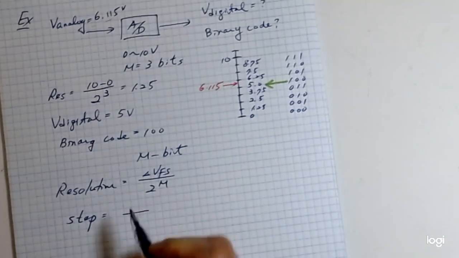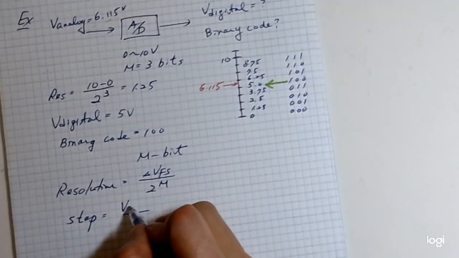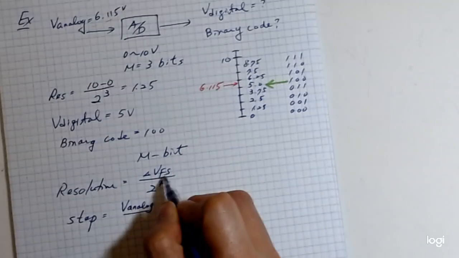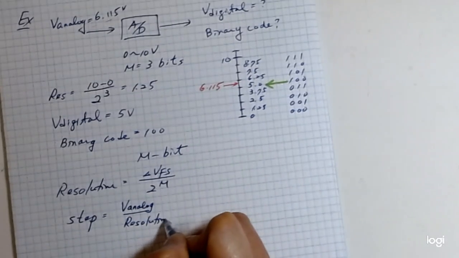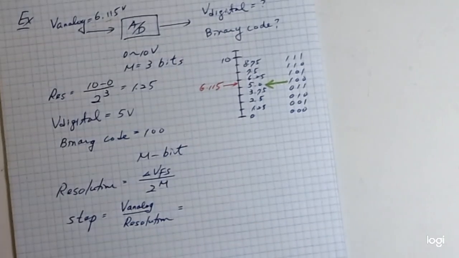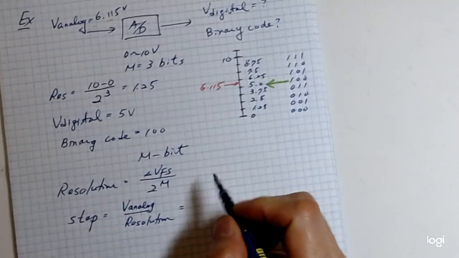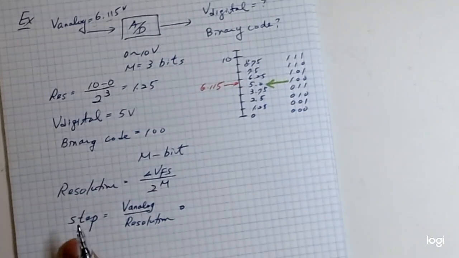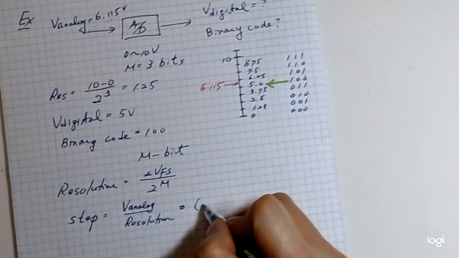We can come up with a general approach. It will be the analog voltage divided by the resolution, which should give you some number, but the step has to be an integer, so you should pick the integer, round down.